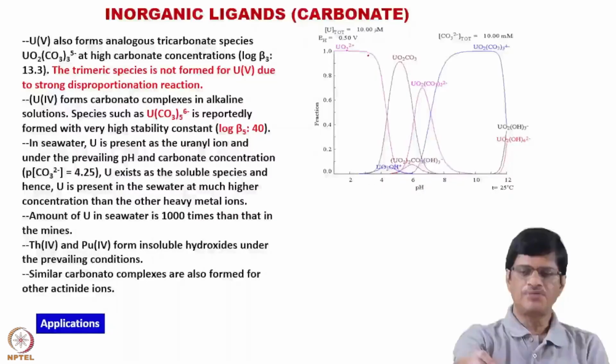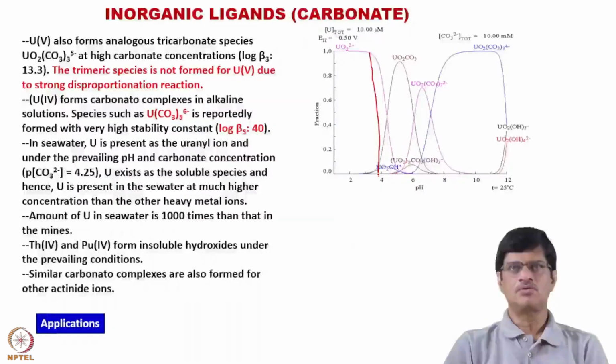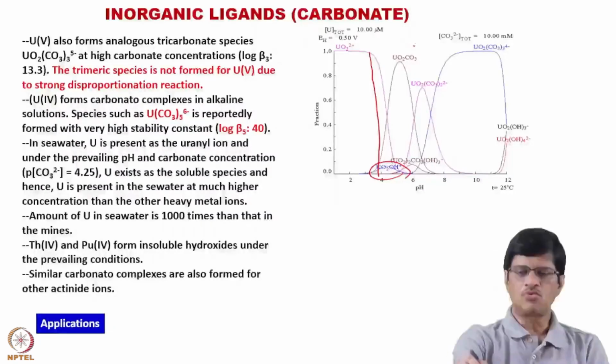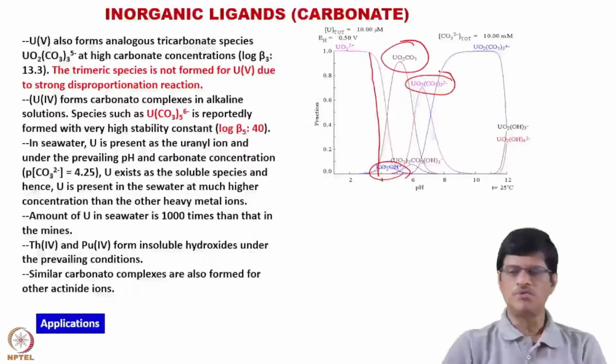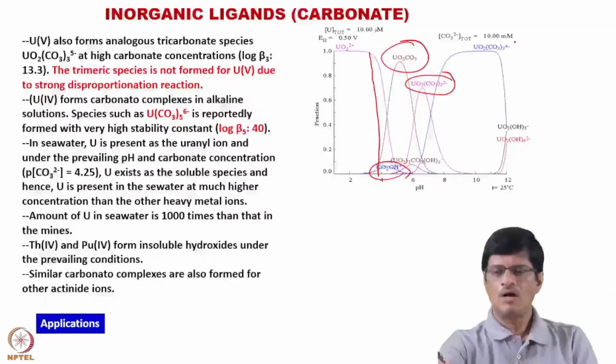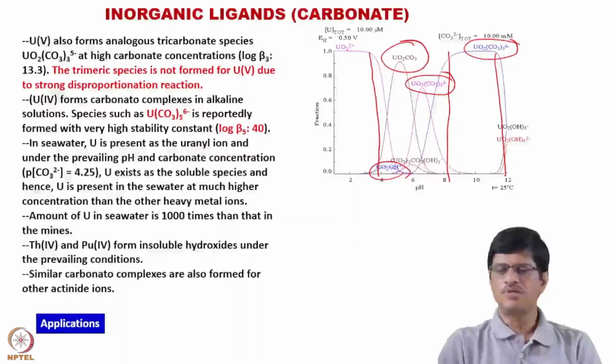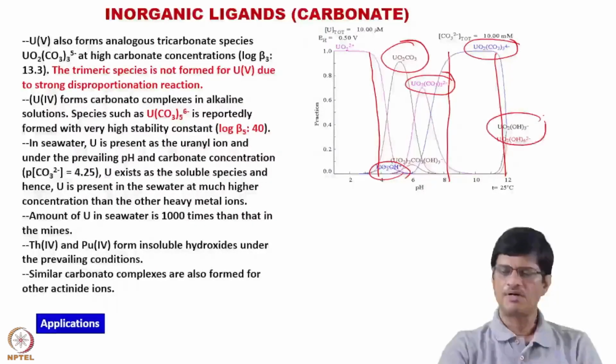At very low pH, less than 4, you get only the uranyl ion, and at higher pH you have the uranyl hydroxide complexes, and in the presence of carbonate you also have UO2CO3 and also [UO2(CO3)2]2-. In the pH 8 to 10 region, you have [UO2(CO3)3]4-, which is a soluble species. Beyond that, you have the hydroxide species as indicated here.